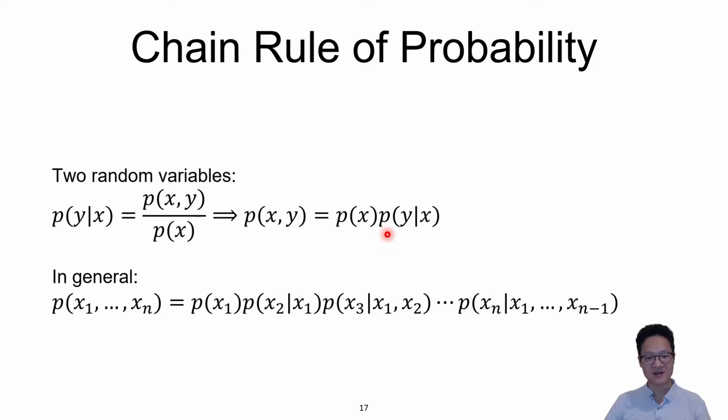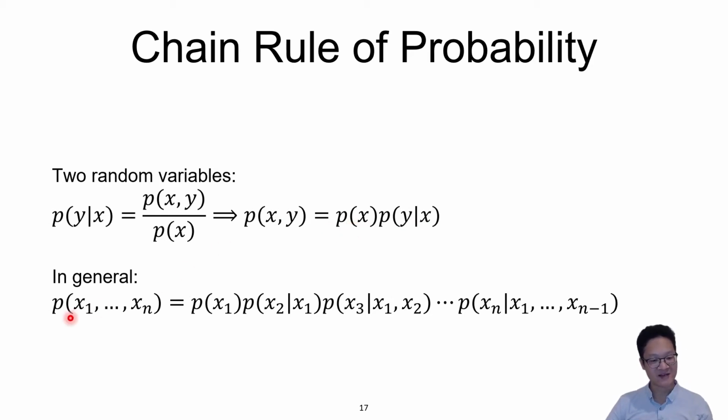The way I like to remember this is that you can turn something like x and y into y given x by multiplying by P of x to compensate. You can turn the comma into a given, and then you need to multiply by the thing that is given, so P of x.